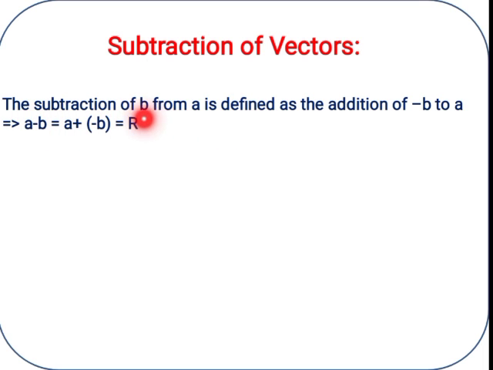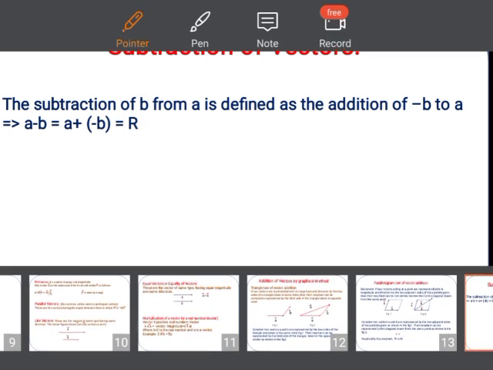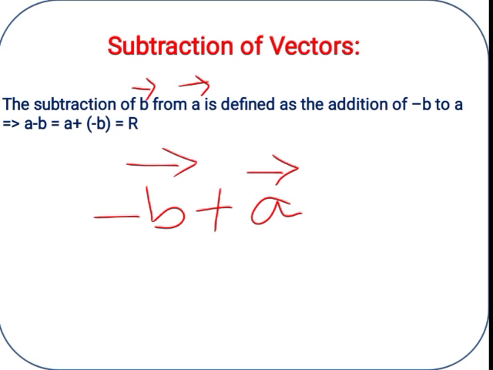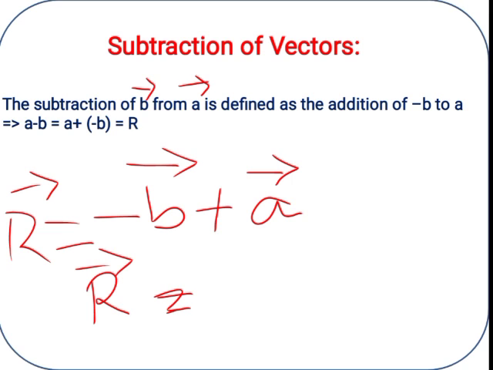Suppose we are subtracting vector B from vector A. This is defined as the addition of minus B to vector A, which is equal to vector R. I will rewrite the same expression this way: vector R is equal to vector A, first I write the positive one, then minus vector B. So this is the subtraction of vectors.